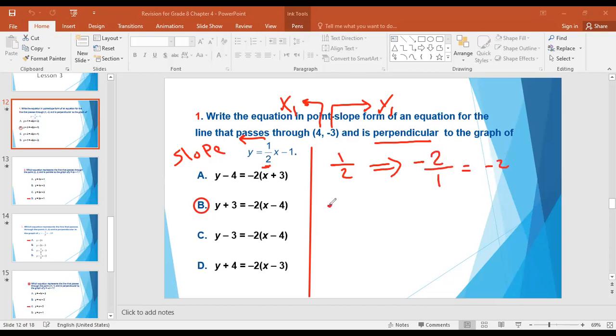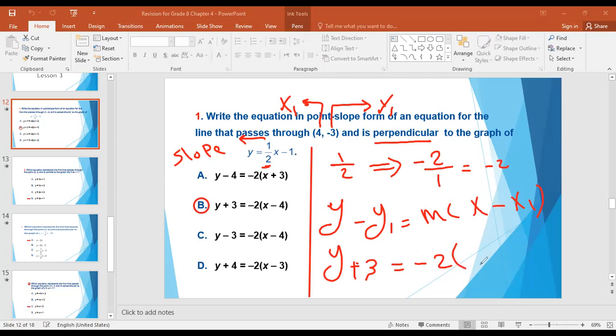Then the equation will be y minus y1 equals m times x minus x1. Y minus negative 3 is y plus 3 equals m, which is negative 2, times x minus 4. That is the answer. Thank you, Yasif. You did a good job. Thank you so much.